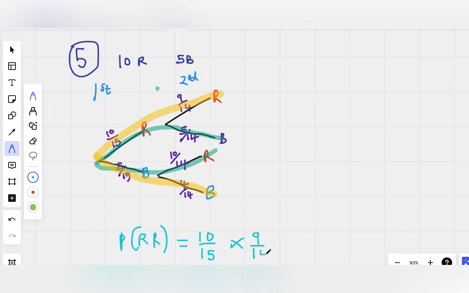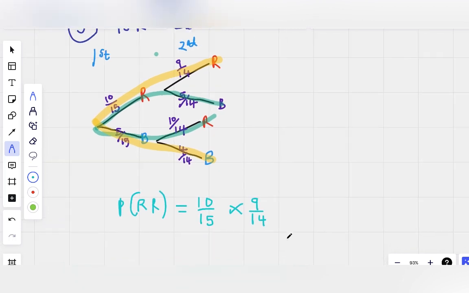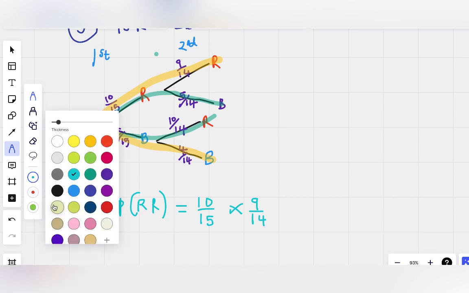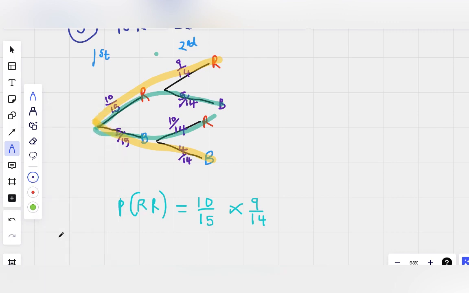That's the probability for this concept. After that, we multiply and simplify. We can easily simplify without using a calculator. 3 goes here, we get 5. Now another thing we can do, 5 divided by 5, we get 1. 10 divided by 5, I get 2.